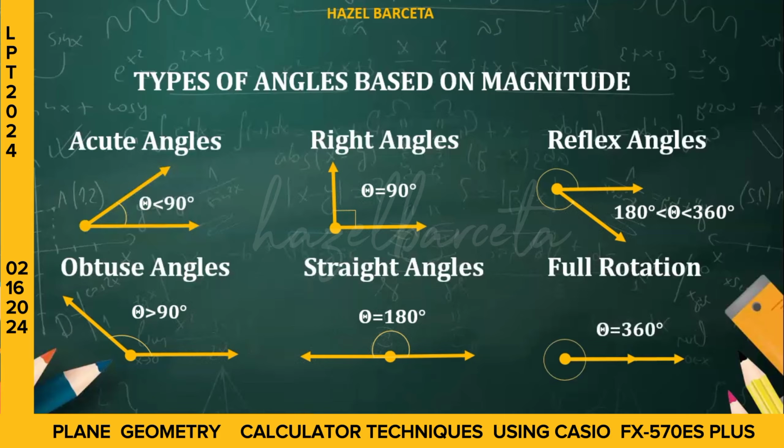So, what is the difference between straight angles and full rotation? As for straight lines, opposite po ang ating initial and terminal side, whereas kay full rotation, nag-coincide po ang ating terminal at ang ating initial, forming 360 degrees. So, ito po yung types ng angles based on magnitude.